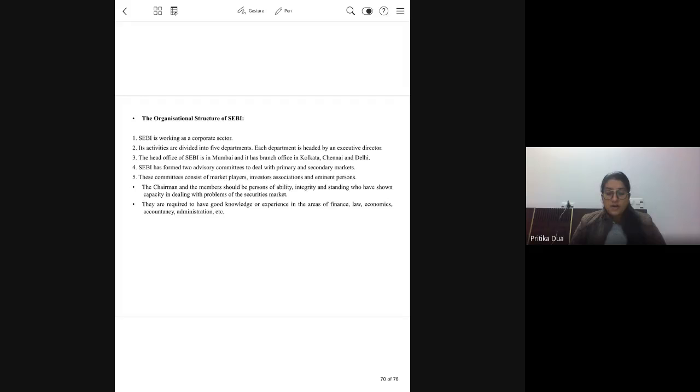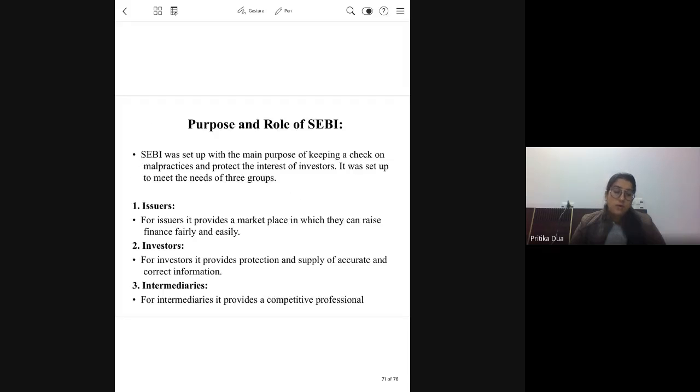Talking about the surveillance of SEBI, what was the purpose and role of making it a statutory body? As I told you, it needs to keep in mind the interest of 3 parties: the issuer of securities, the investors, and the intermediaries involved.